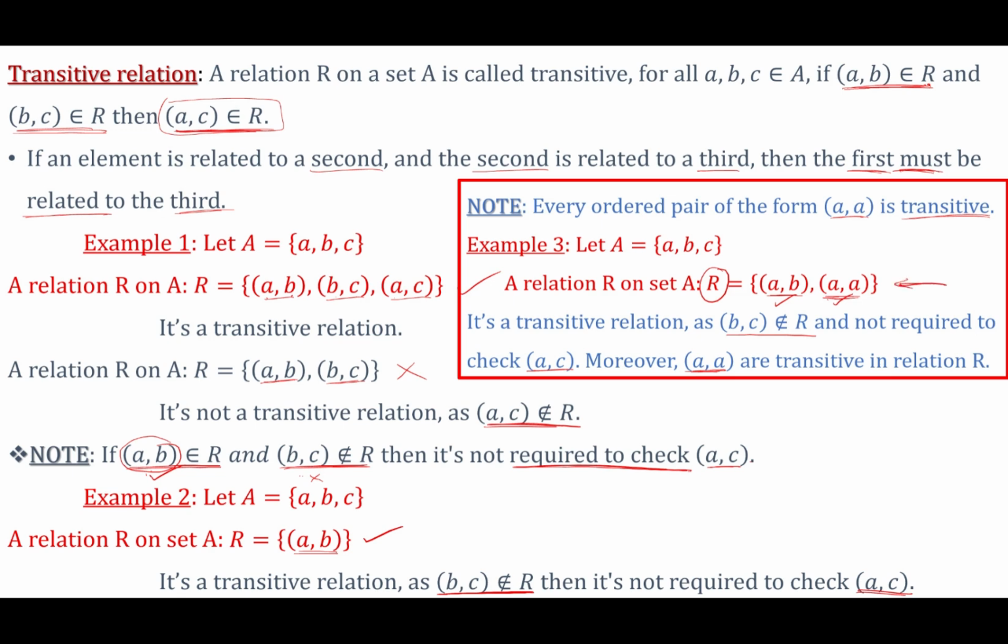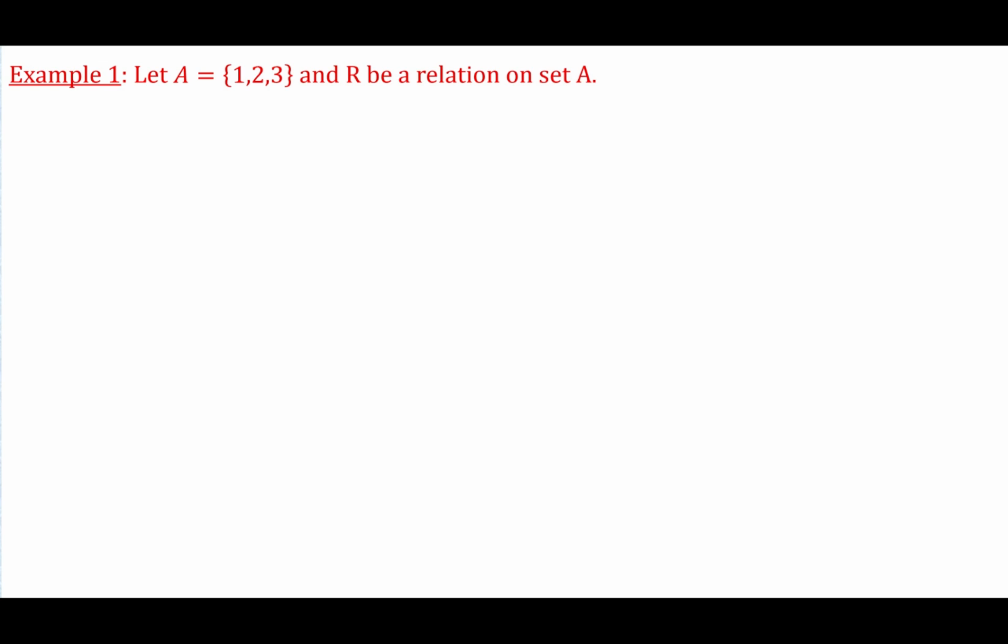Let us have a few examples based on transitive relation. We have a set A = {1, 2, 3}, three elements, and a relation R on set A. We need to check whether this relation is a transitive relation or not, so we have to check each ordered pair. (1, 2) is there and (2, 3) is also there.